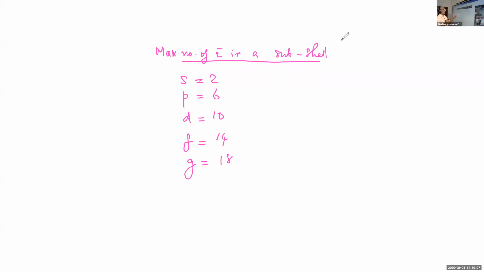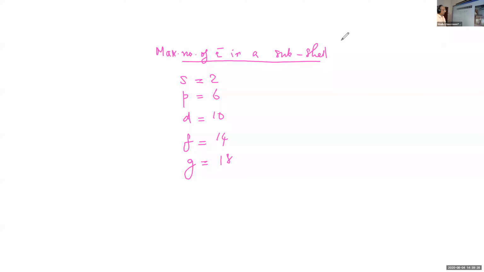See? Plus 4, plus 4, plus 4, plus 4. Arithmetic progression, AP, a plus d. So similarly here, plus 4, plus 4, plus 4. So that is the maximum number of electrons possible in a subshell.